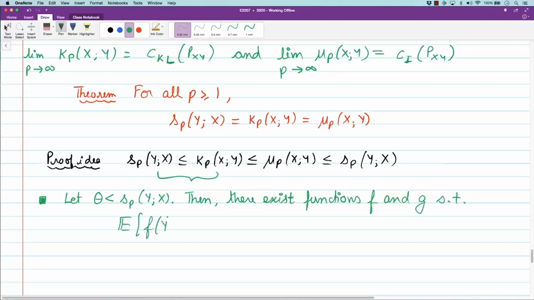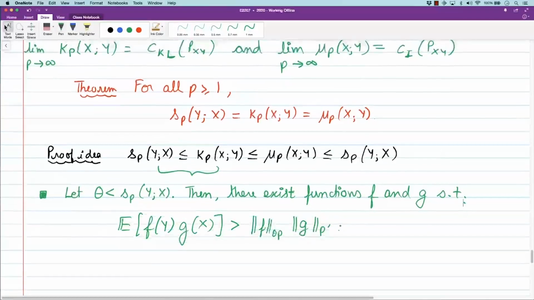the expected value of f(Y)g(X) exceeds the product of the norms, the g p-prime norm and the f theta-p norm.